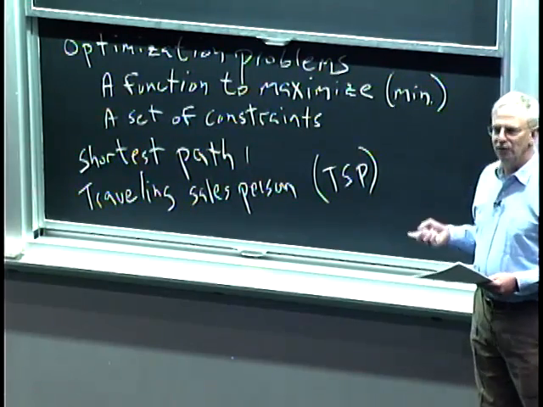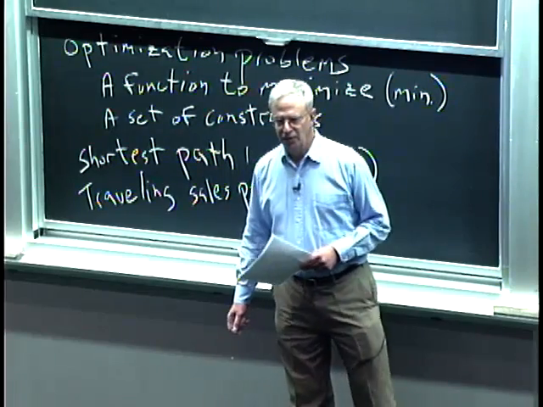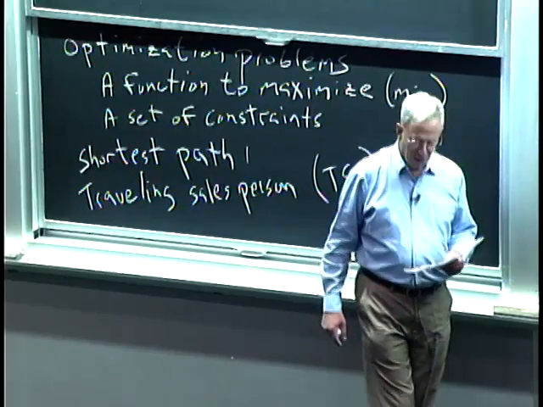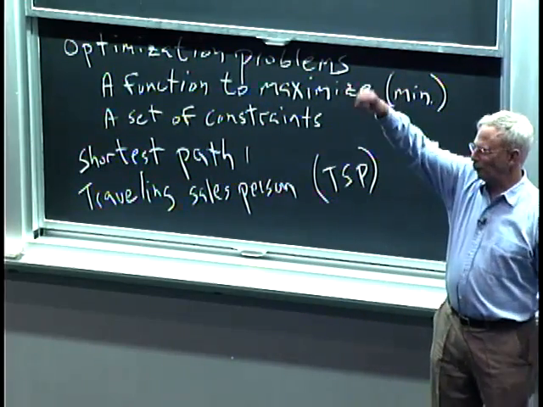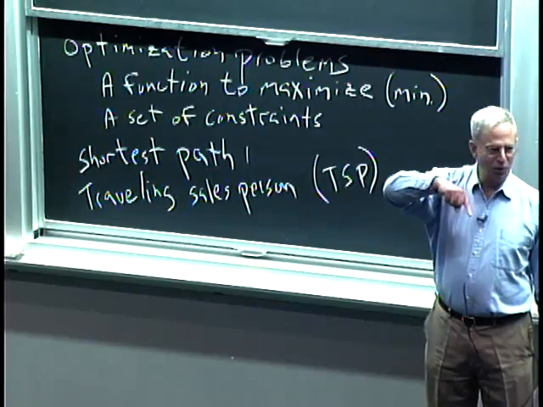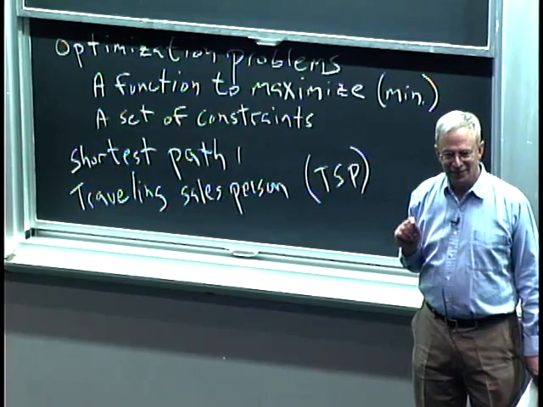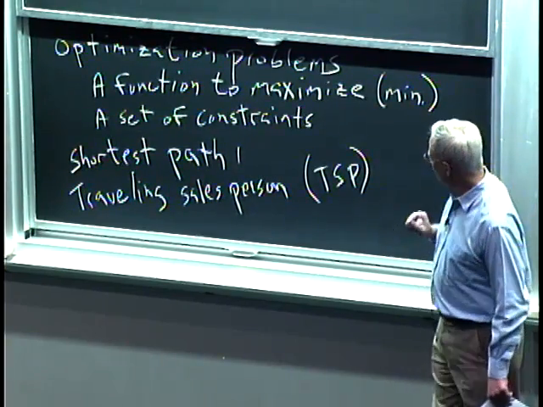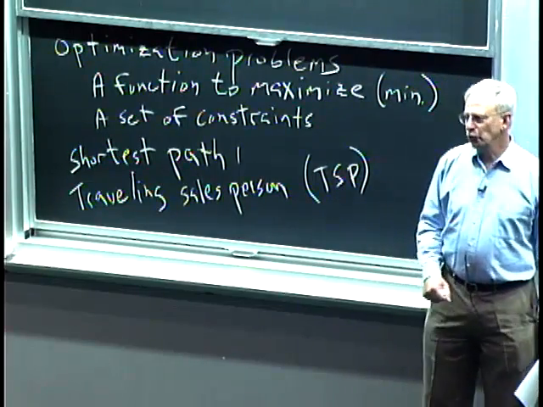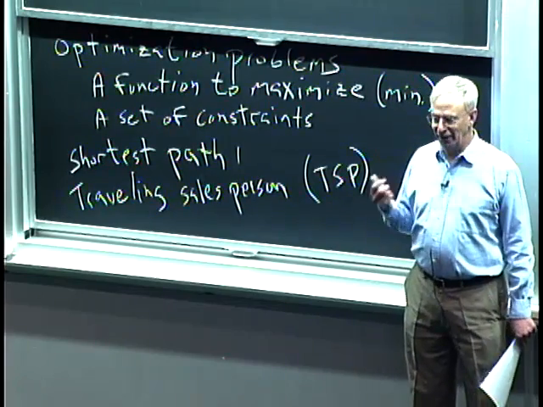So the problem here, roughly, is given a number of cities, and say the cost of traveling from city to city by airplane, what's the least cost round trip that you can find? So you start at one place, you have to go to a number of other places, end up where you started. It's not quite the same as the shortest path. And figure out the way to do that that involves spending the least money or the least time or something else.